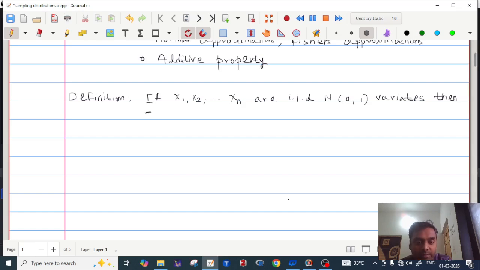the distribution of y equal to summation xi square has chi-square with n degrees of freedom, or it has also distribution gamma 1 by 2 comma n by 2 random variable.